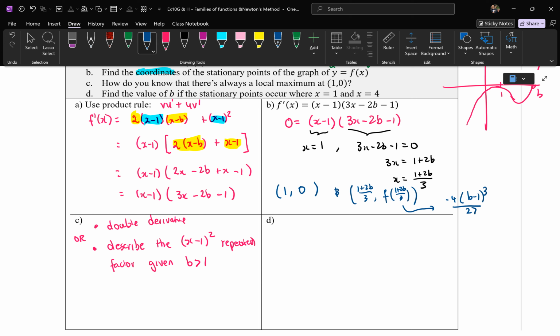Because you would have had two scenarios. You could either have it crossing and repeated factor at 1, or repeated factor at 1 crossing through b. But we knew it was a positive cubic graph, so there's two ways to explain it.